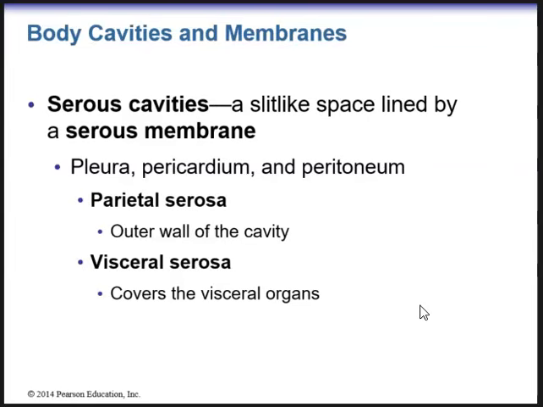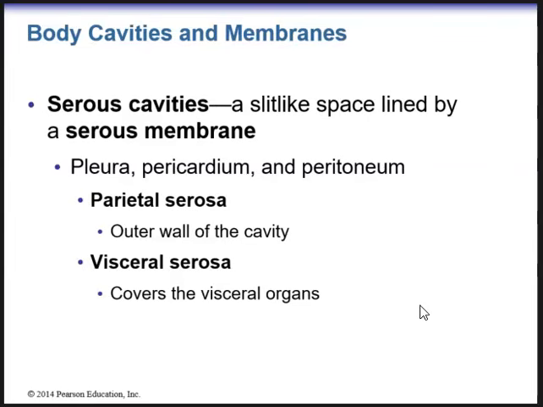So the visceral serosa, or the visceral layer, is the layer that will be adhered to or closely attached to the organ. You then have a space, and then you have that outer part of the balloon. Now, this outer layer will actually make up the outer wall of the cavity, and this is known as the parietal layer, or the parietal serosa.